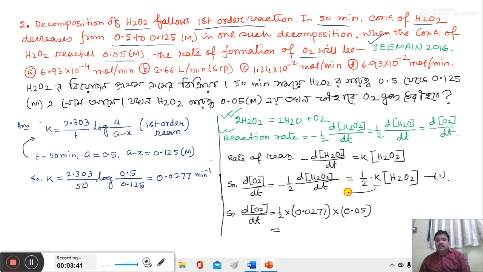Putting the values of K, which is 0.0277, and concentration of H2O2 0.05, then we get the value of d[O2]/dt is equal to 6.93 into 10 to the minus 4 mole per minute. So option A is the correct one.